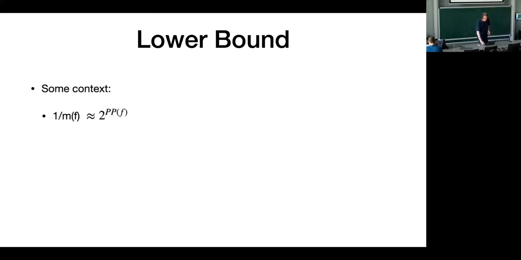So this is very useful in learning theory. And basically in communication complexity, this 2 to the pp is roughly 1 over the margin, up to a factor that is essentially order of log n.